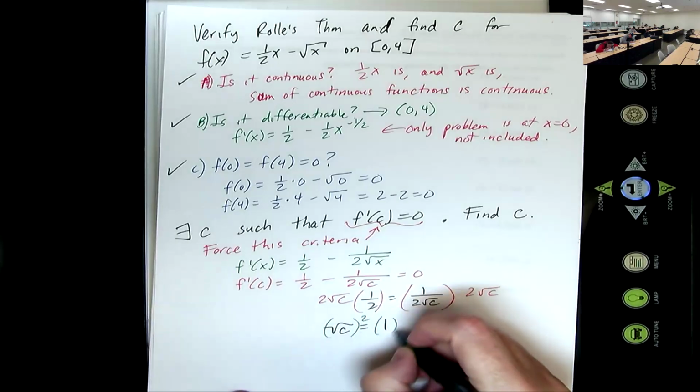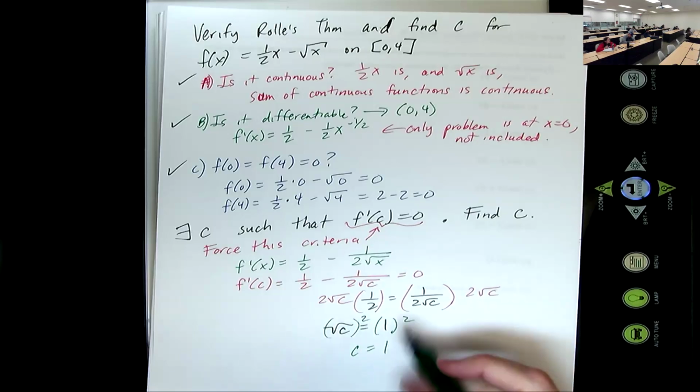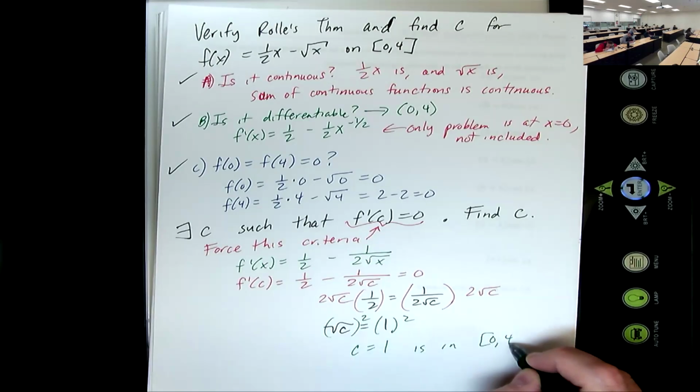Square both sides, and we get c equals 1. So we found the value, and 1 is in (0, 4), so that works.